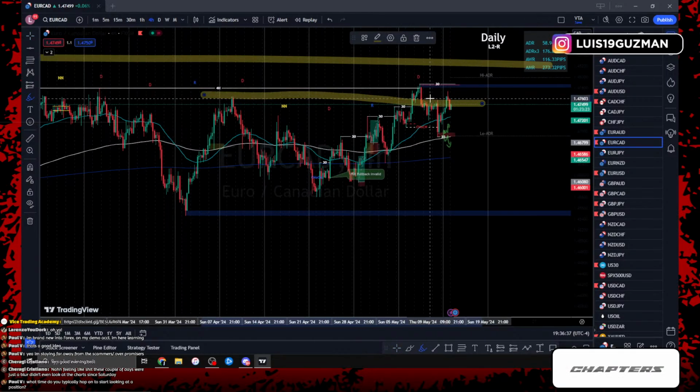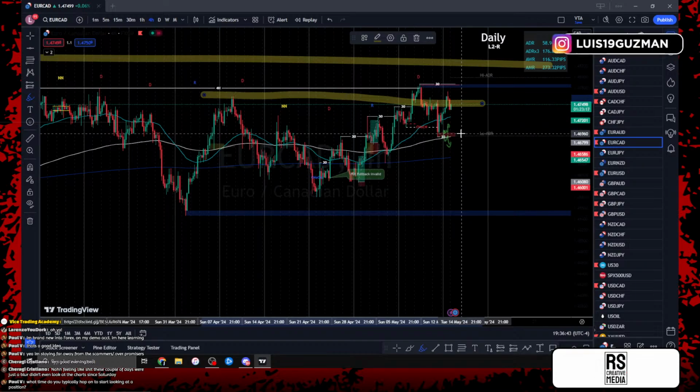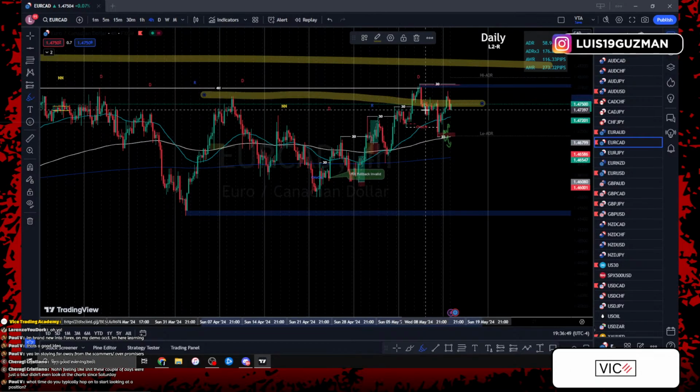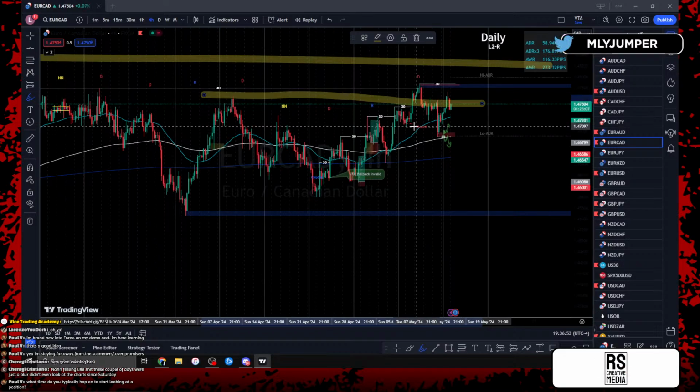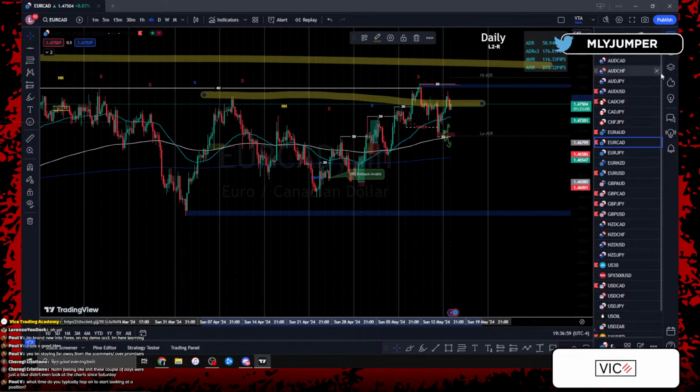Once we get to the top of the zone, we have to take a step back and wait for confirmation. Is price going to continue to go up, or start going down? As you can see, once we got to this high, it started making lower lows and lower highs, but we're looking for higher highs and higher lows. So at this moment, let's go to the 30-minute.